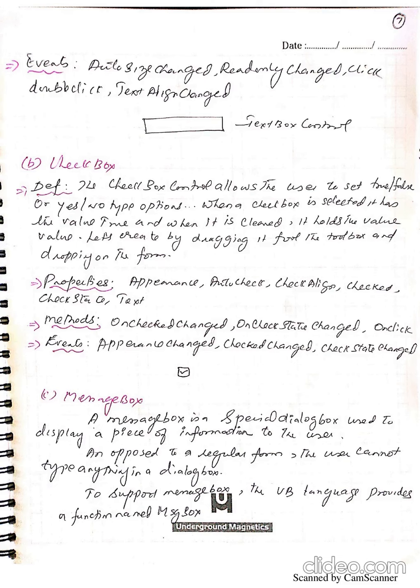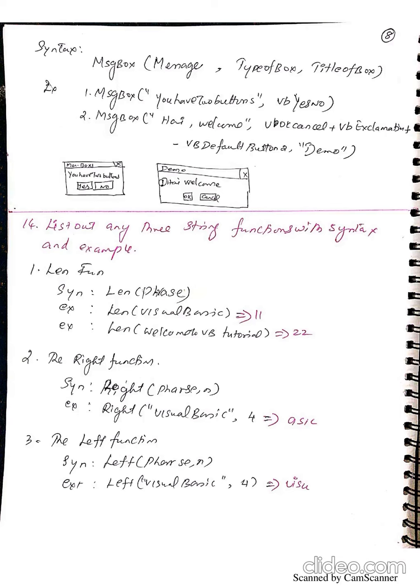Message box. A message box is a special dialog box used to display a piece of information to the user, and as opposed to a regular form, the user cannot type anything in the dialog box. To support message box, the VB language provides a function named MsgBox.